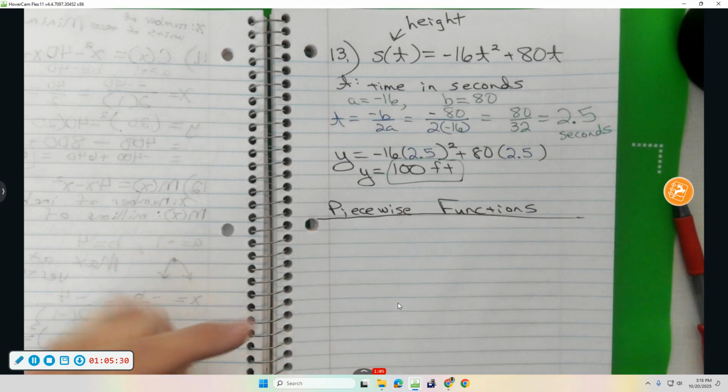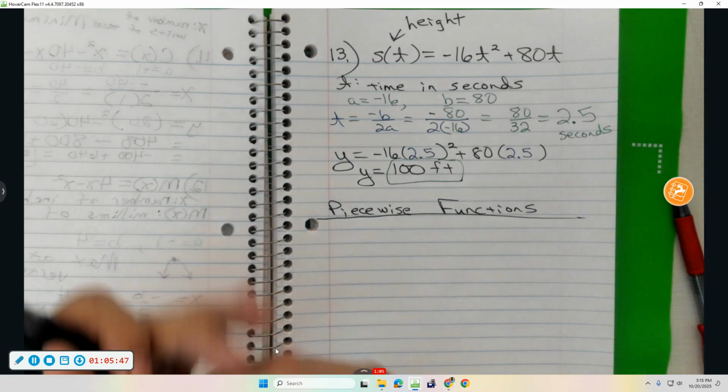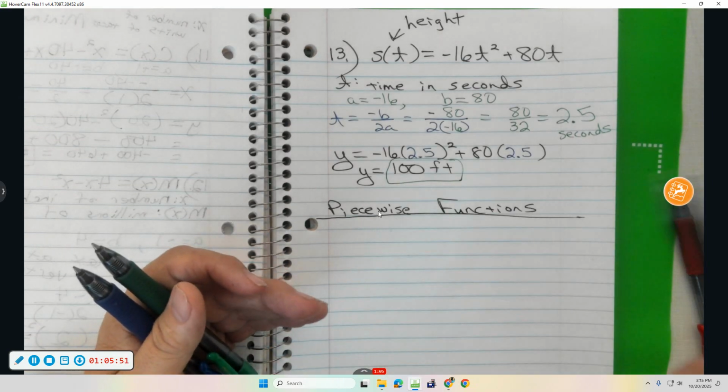Piecewise functions. A piecewise function, I'm going to do something I'm sure you were taught not to do years ago. I'm going to use the word that I'm trying to define in the definition. A piecewise function consists of two or more pieces defining the algebraic expression.